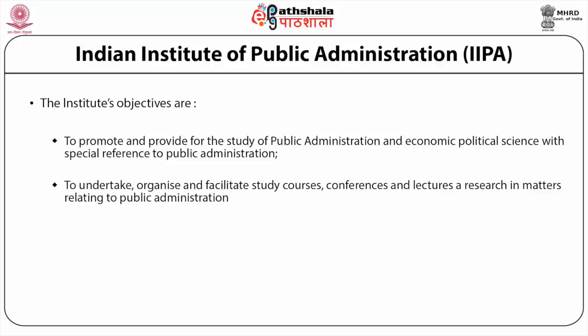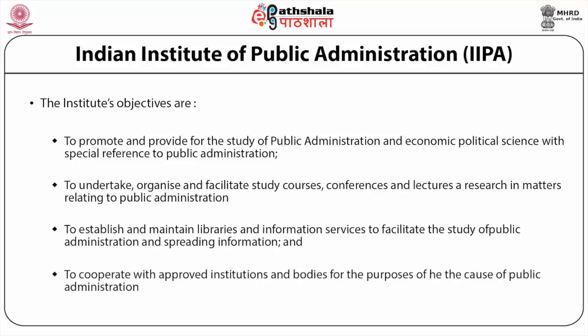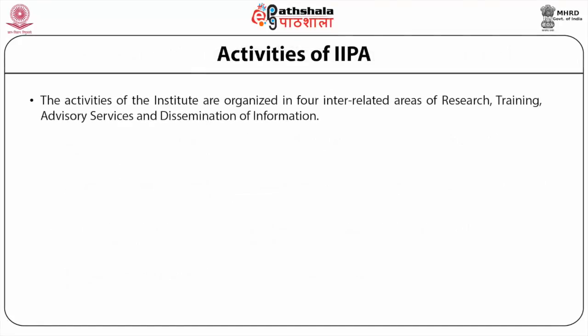to public administration, to establish and maintain libraries and information services, to facilitate the study of public administration and spreading information, and to cooperate with approved institutions and bodies for the purposes of helping the cause of public administration. The activities of the IIPA are organized in four interrelated areas of research, training, advisory services, and the dissemination of information.